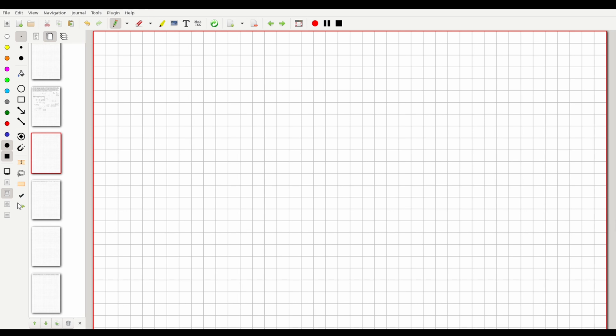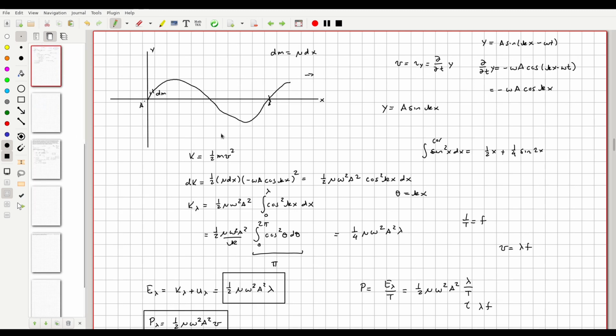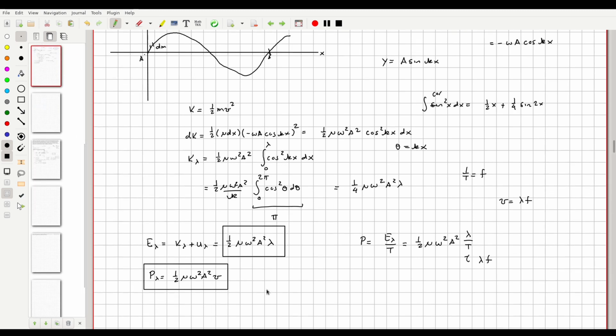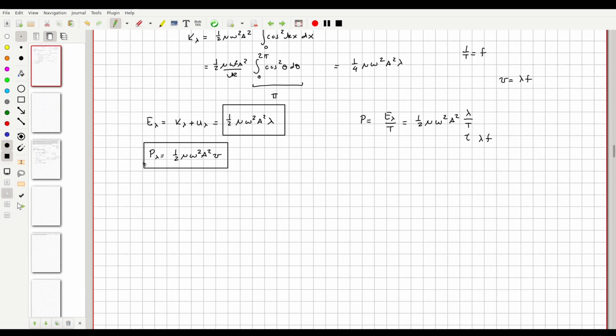So the same goes for power. I can talk about how much power something puts out or how much energy something has. But when we talk about power, especially for a wave, remember a wave travels. If you look at the wave that we're looking at here, the power depends upon how fast the wave is moving.